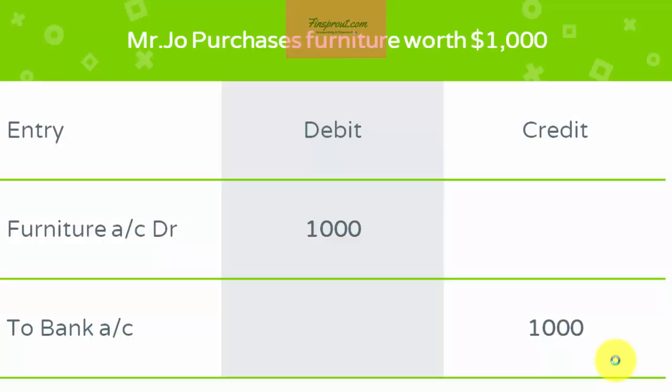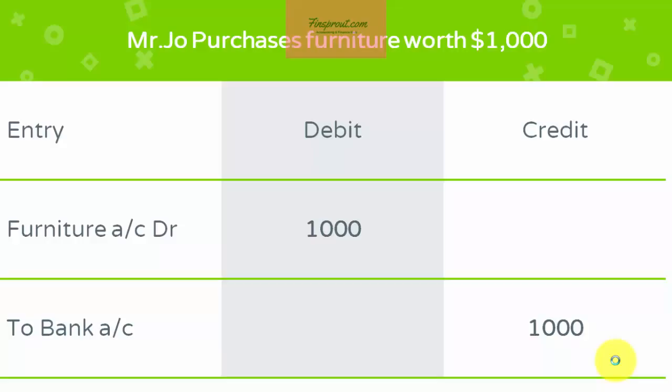First example is Mr. Joe purchases furniture worth $1,000. Now, first step is recognize the accounts involved. In this transaction, there are two accounts, furniture and bank, because we have made payment through bank.